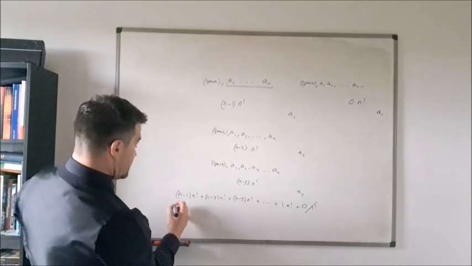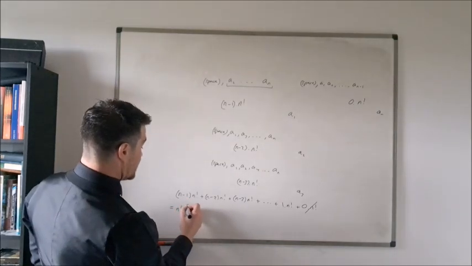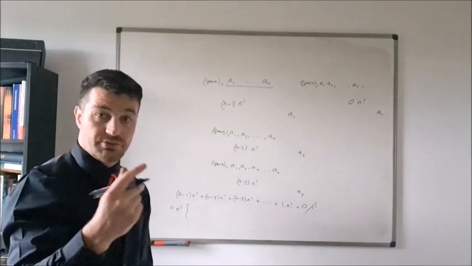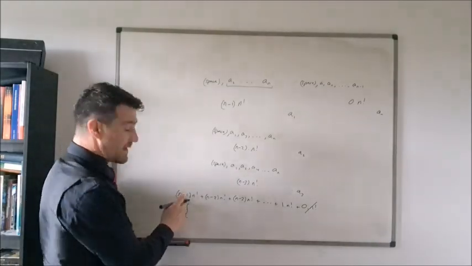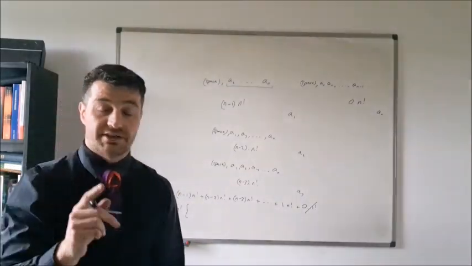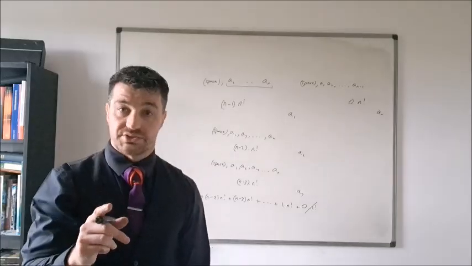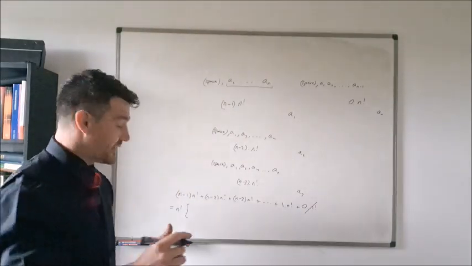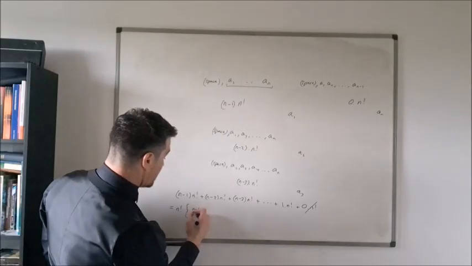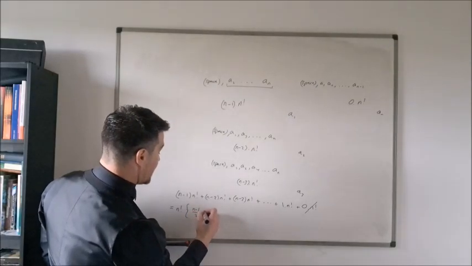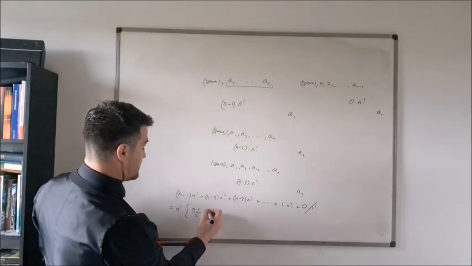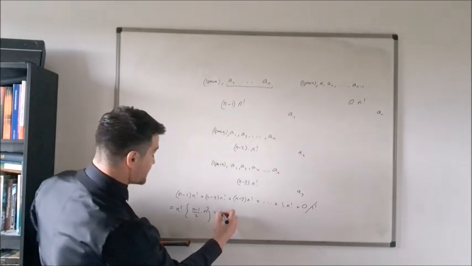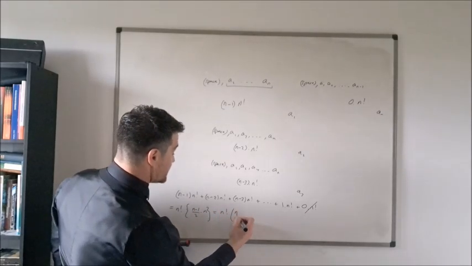So what is this? This is n factorial times the sum from 1, 2, 3, 4, 5, up to n-1. The sum of the first n-1 positive integers. Well, there's a formula for that, right? It's (n-1) over 2 times n. Which just happens to be equal to n choose 2.